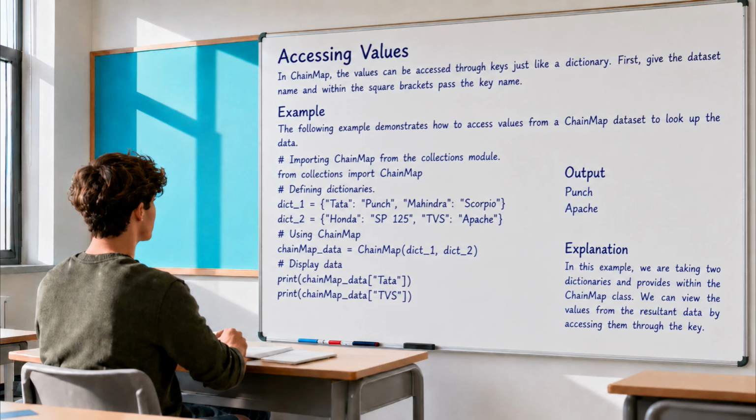Example. The following example demonstrates how to access values from a ChainMap dataset to look up the data. # Importing ChainMap from the collections module. from collections import ChainMap. # Defining dictionaries. dict_1 = {"Tata": "punch", "Mahindra": "Scorpio"}. dict_2 = {"Honda": "SP125", "TVS": "Apache"}. # Using ChainMap.